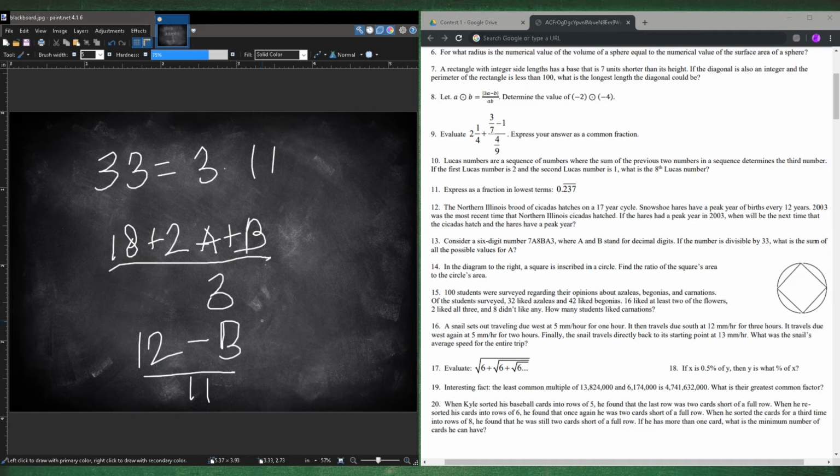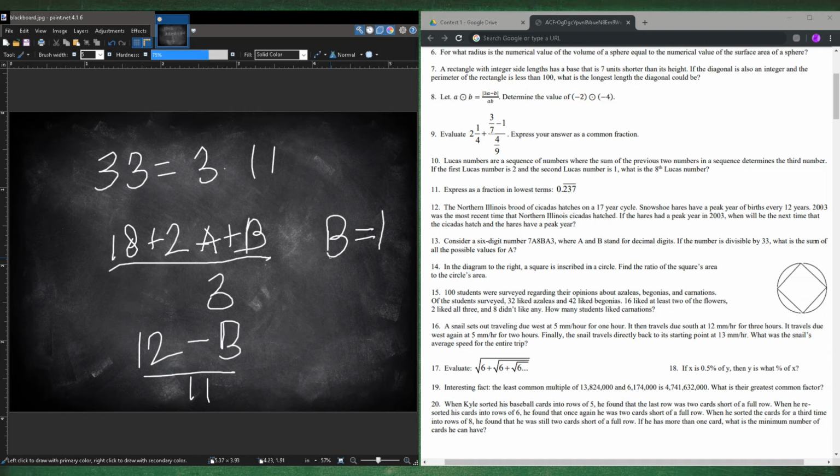You can't get 0, because then B would have to be 12, which isn't a single digit. So B has to equal 1. If B is 1, then 12 minus 1 is 11.